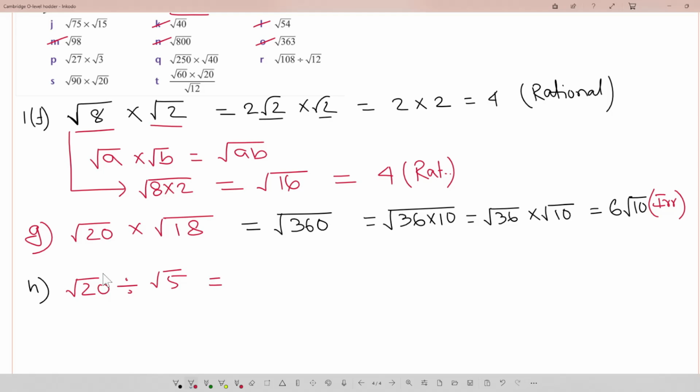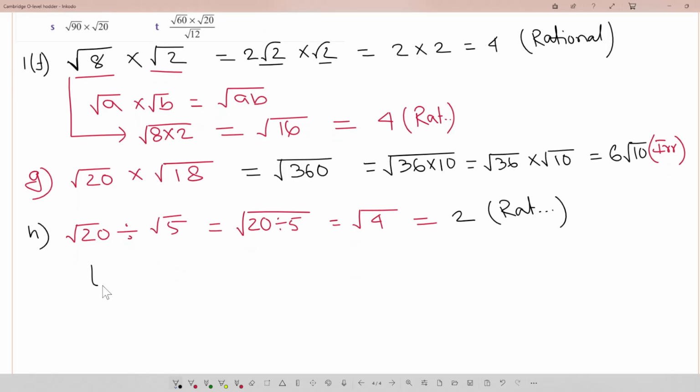For multiplication and division, we can put everything inside one root, so root of 20 divided by 5. Here 20 divided by 5 is 4. 4 is a perfect square, so our answer will be 2. This is a very simple thing, and it's a rational number.